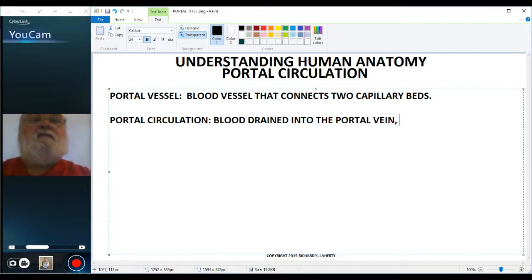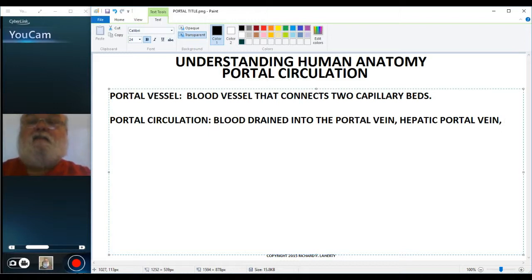And this is sometimes called the hepatic portal vein, because it carries blood from the digestive tract to the liver.